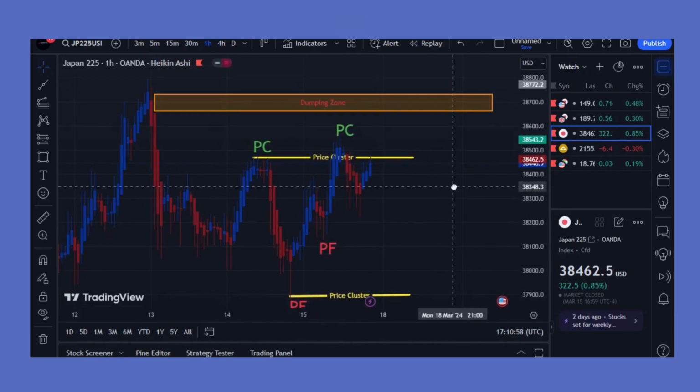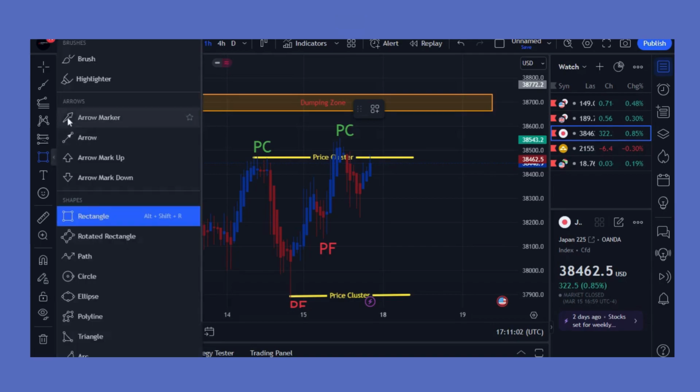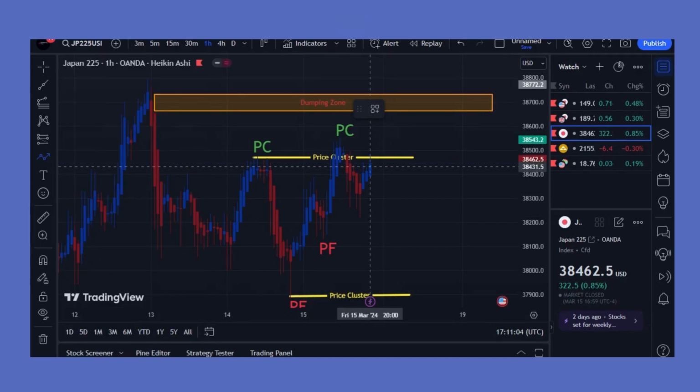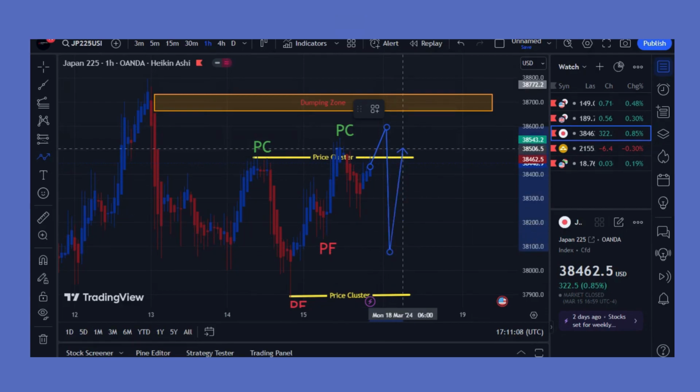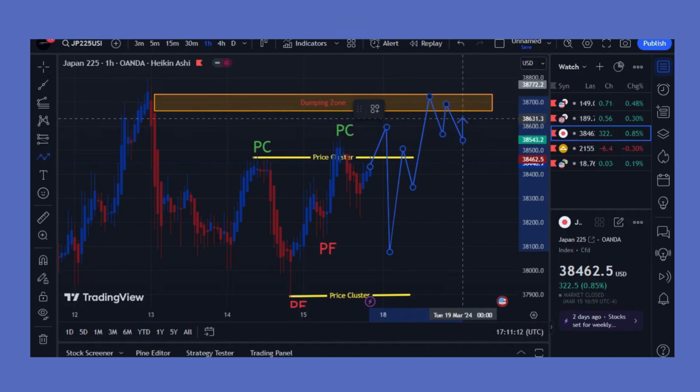So I'll show you the movement of the price. So probably the price is going to move as follows. Let's see. So it's going to go up, down, up, down, go to the retrace here and go up to the last price cluster that is up there. Okay.